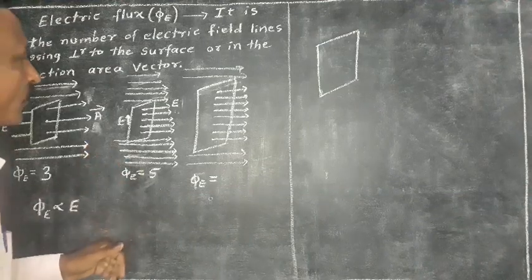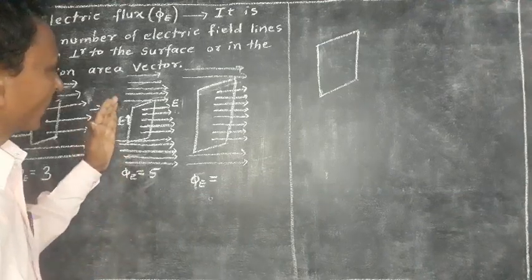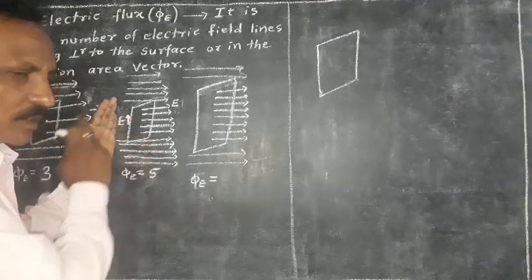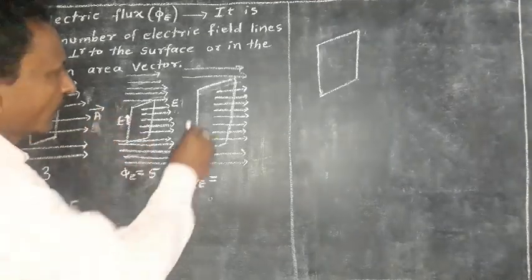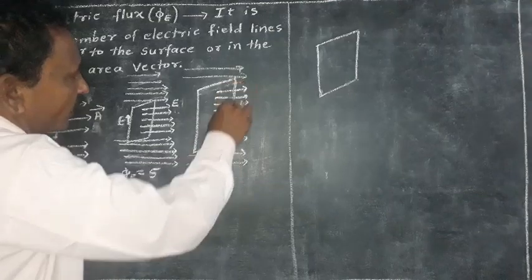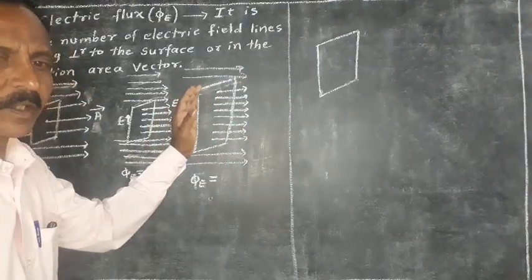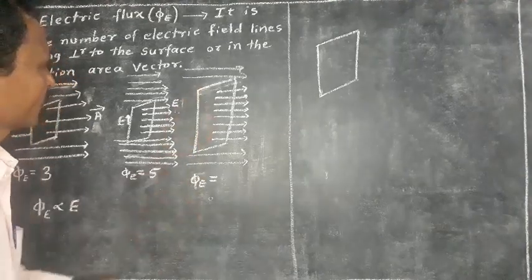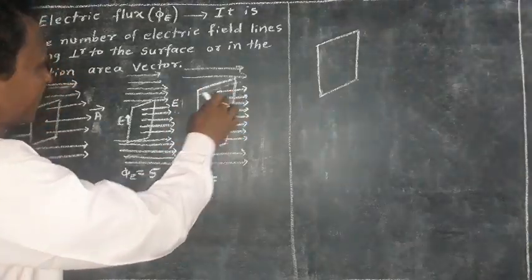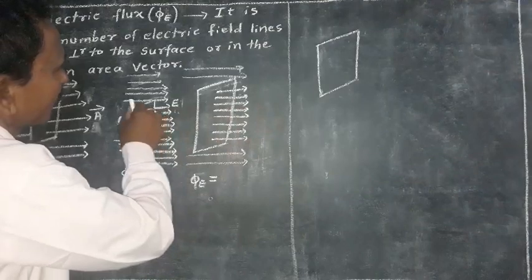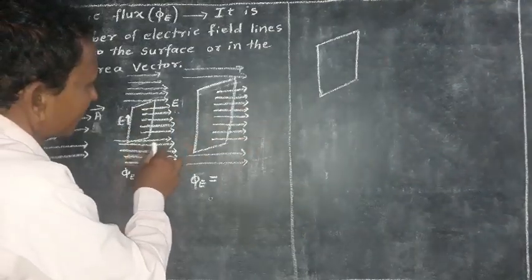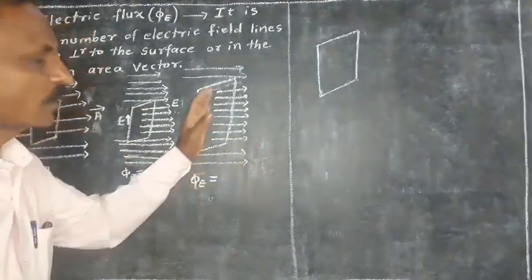And now if the intensity of field is kept constant and the surface area is increased, then what happens? If area is increased, more number of field lines pass through the surface.